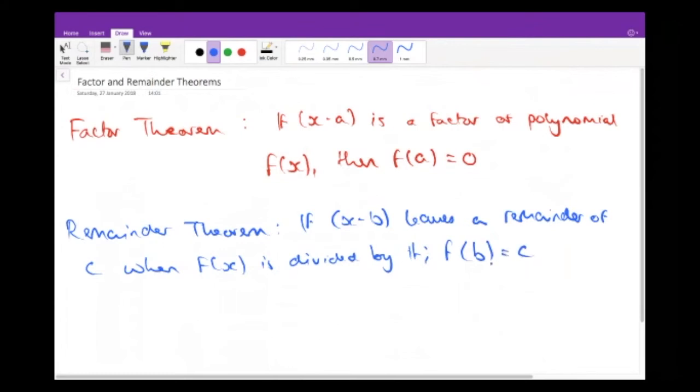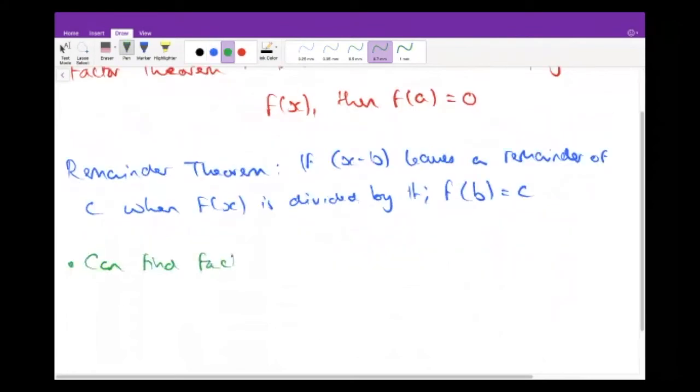Okay? So you can find factors by plugging in numbers. So we can find factors to polynomials by trying out numbers, so trying different values of x.